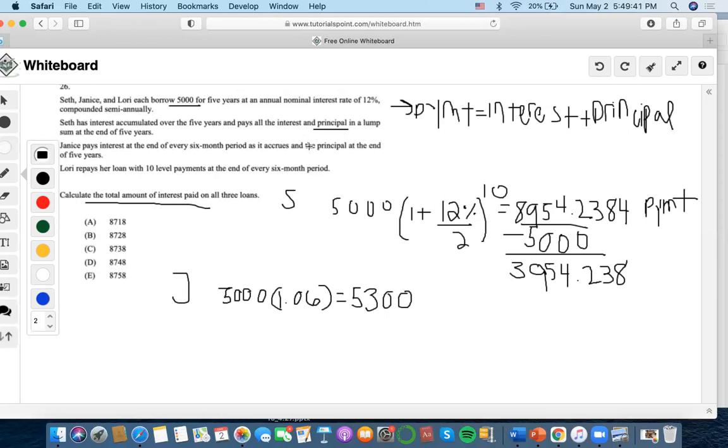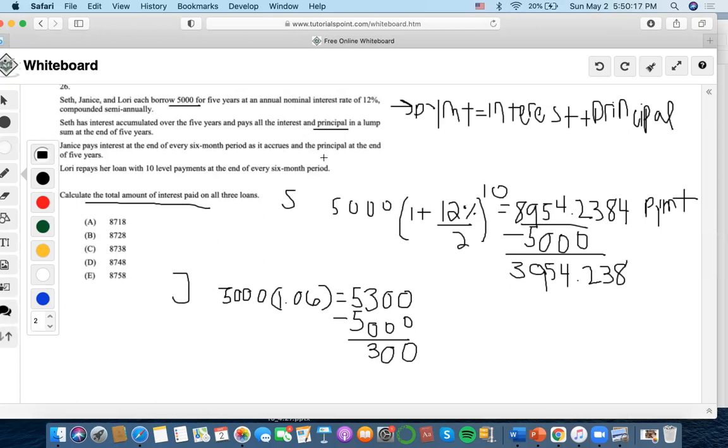And it also says that not only does she pay out interest at the end of every 6-month period as it accrues, she also pays out the principal at the end of 5 years. So we subtract the 5,000 principal as the lump sum, and we get 300 as the interest left.